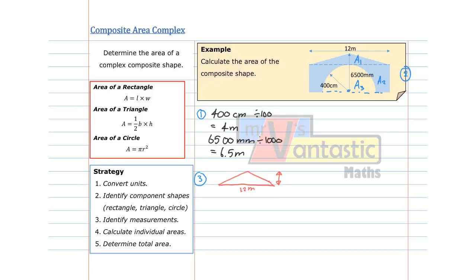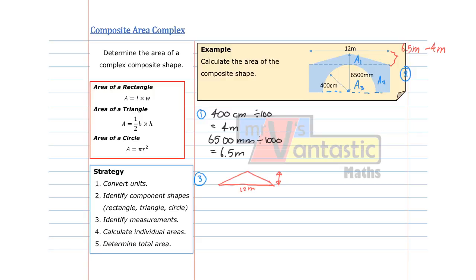We're told how long this part is, because that's just how high this circle is, which is the radius, which is 400 centimeters or 4 meters. And we're told how high it is from the bottom right up to the peak, but not the difference. But that's easy to figure out. This difference, this part in here, is 6.5 meters minus 4 meters.